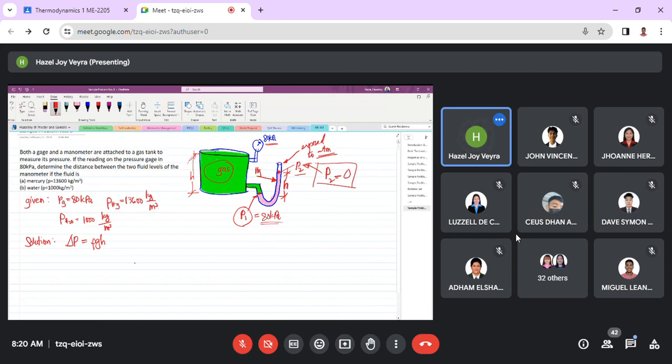Okay? So since we have P2, our P2 is equivalent to P1 minus rho GH.